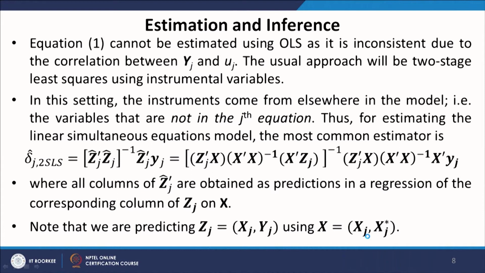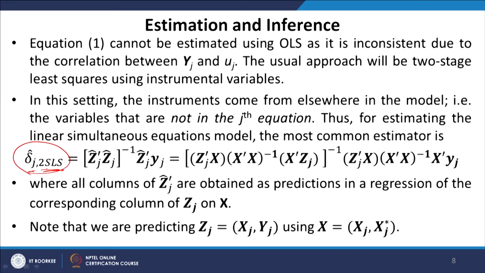Thus, for estimating the linear simultaneous equations model, the most common estimator is denoted by delta j hat 2SLS. Note that j refers to the jth equation and 2SLS refers to the fact that this is an instrumental variable estimation.